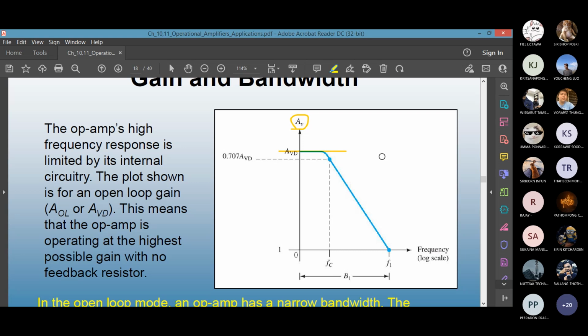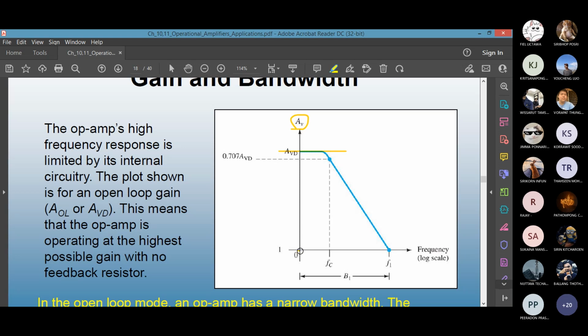By the way, this is a semi-log scale. The frequency is definitely in log of base 10. Open loop, you have the maximum gain. Once you close the loop, see how the gain decreases. The gain becomes very less. But what happened in the open loop gain?